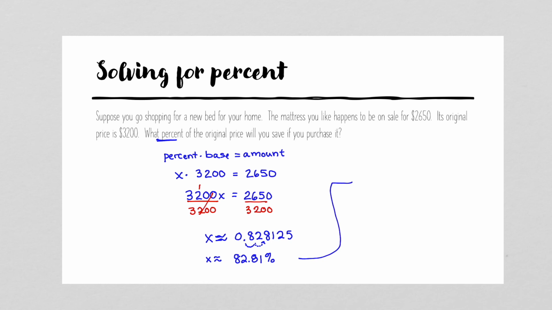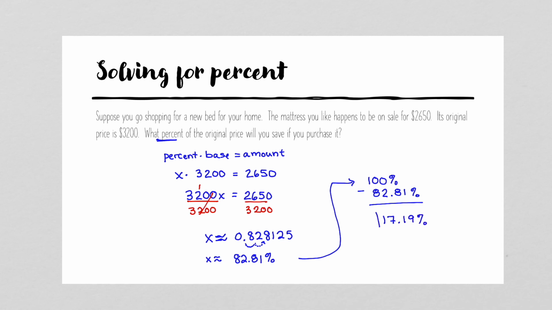So to calculate our discount, we want to take 100% and subtract off from it that amount, 82.81%. And if we pull out our calculator again and take 100 minus 82.81, that gives me a value of 17.19%.